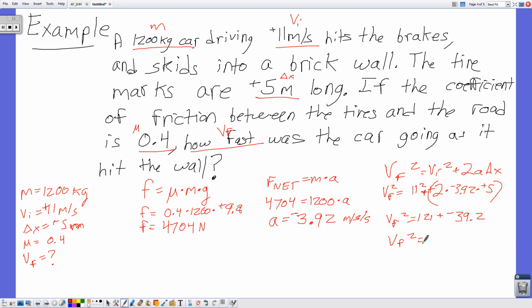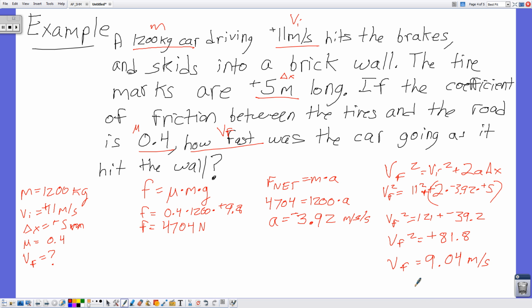Means v final squared equals positive 81.8, which means that v final is the square root of that. Square root of 81.8 equals 9.04 meters per second. But I'm not done, I need a sign.